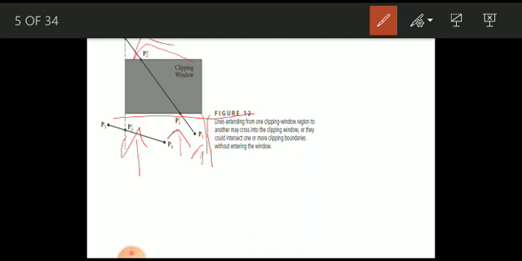Similarly, after the clipping happens with respect to the left and bottom boundaries, at last we are supposed to find the intersection point with respect to the top boundary.